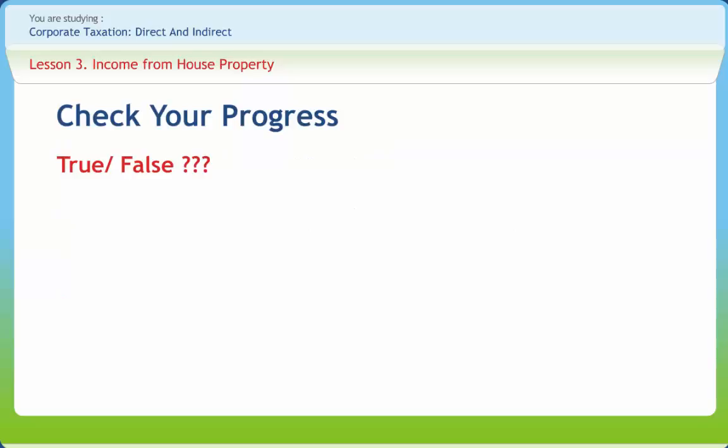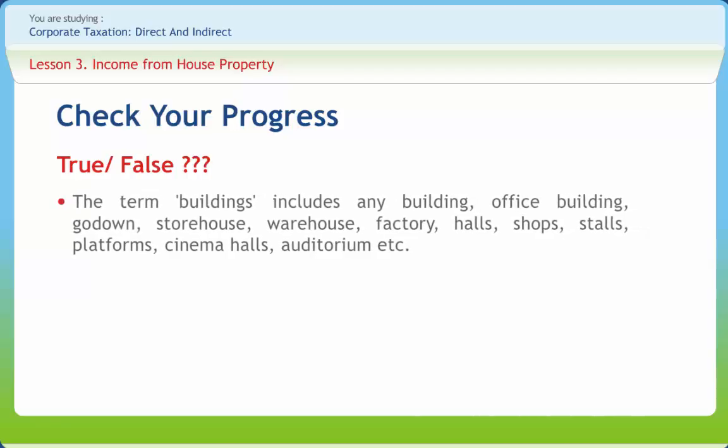Now let us check if we have understood the various concepts discussed in this lesson clearly. The term buildings includes any building, office building, godown, storehouse, warehouse, factory, halls, shops, stalls, platforms, cinema halls, auditorium, etc. Right or wrong? Right.